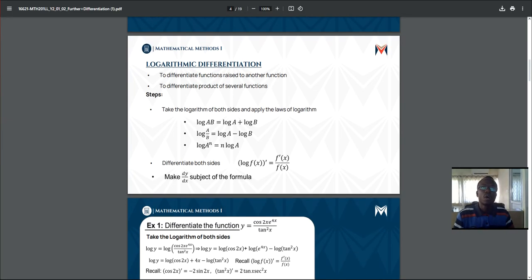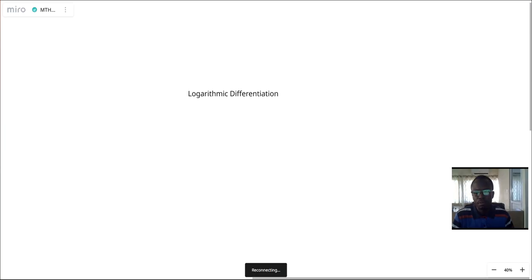Okay, what are the types of functions we can apply the logarithmic differentiation method to? We can differentiate a function raised to another function. What do we mean by that?